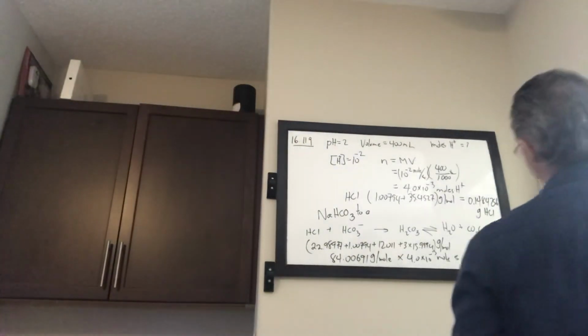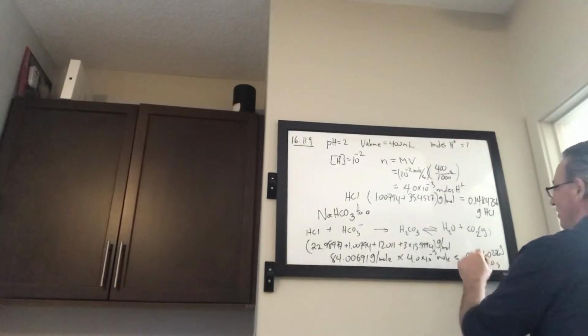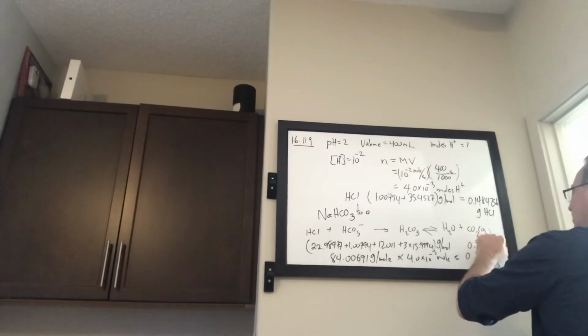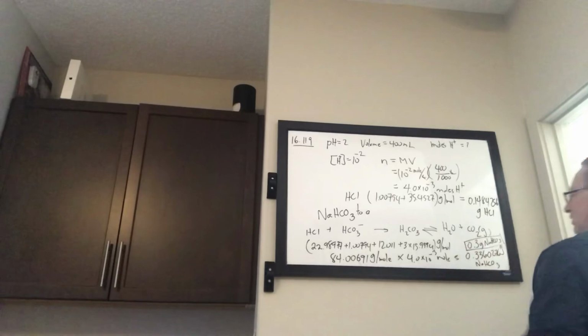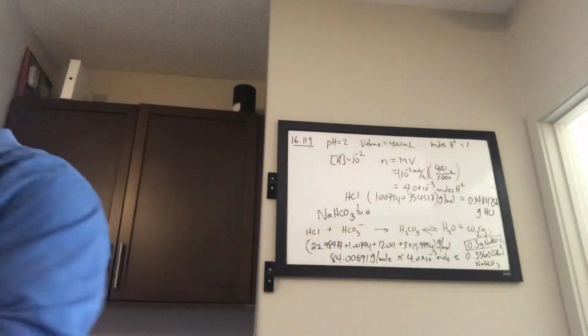Not even 1 sig fig because it's a pH of 2. So you can say basically 0.3 grams of sodium bicarb. That's your final answer, because they reported the pH is 2, no decimals.